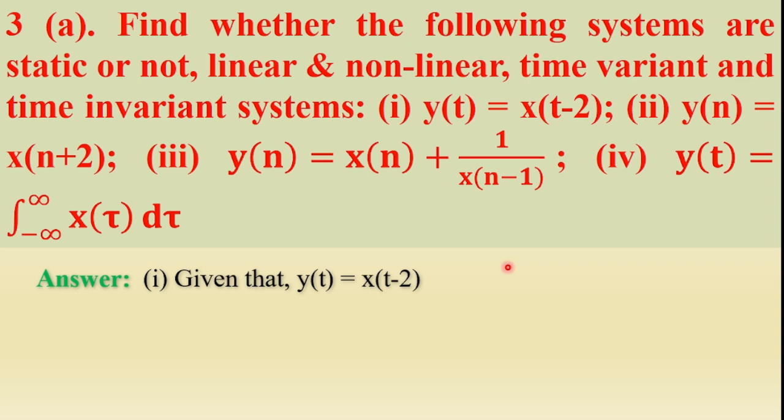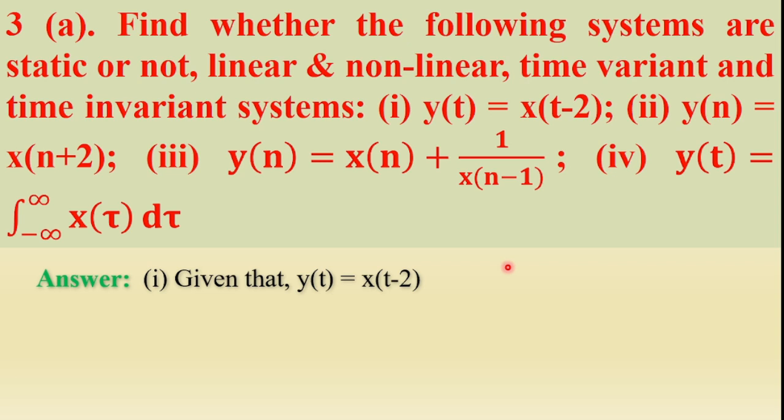Once again, the statement of the static system: the output of the system at any time depends upon only the present values of the input but not upon past and future values of the input. If this condition is satisfied, the given system is said to be static system.